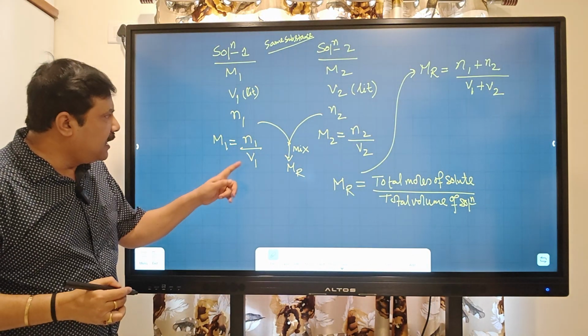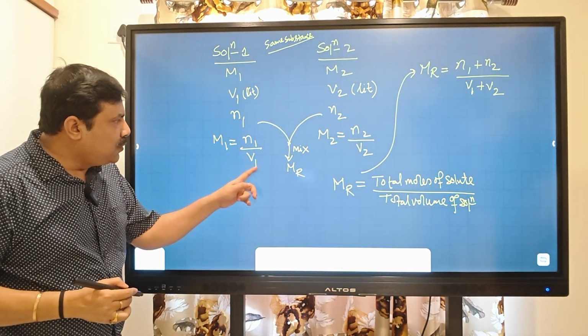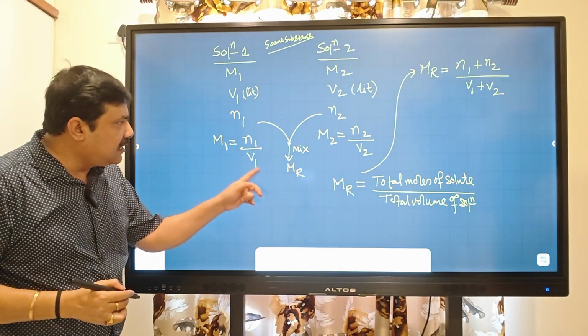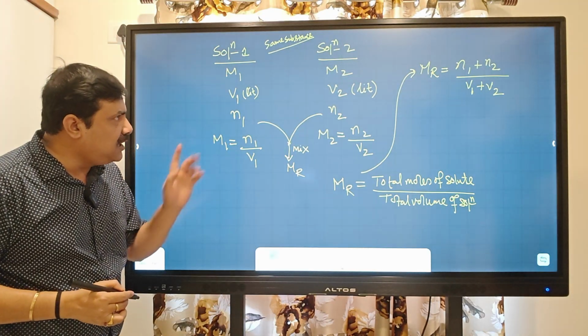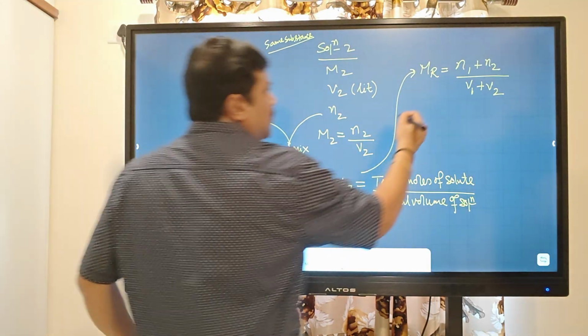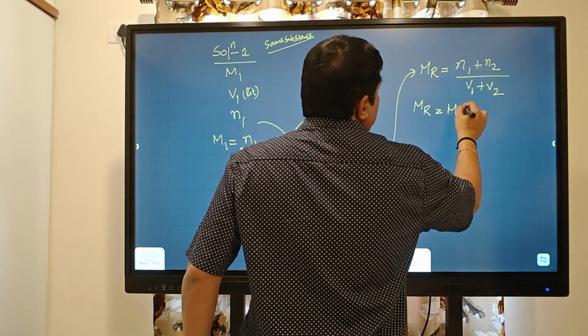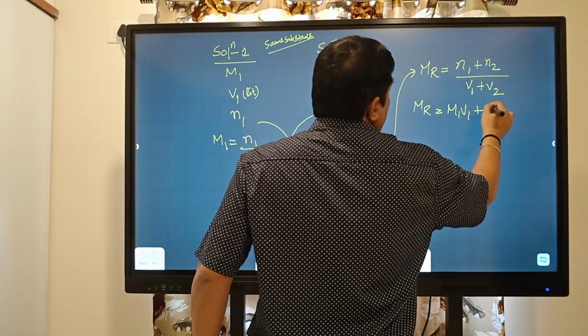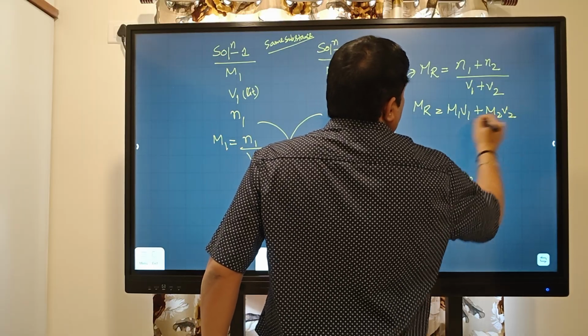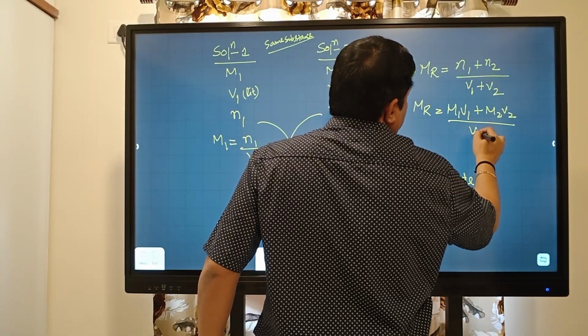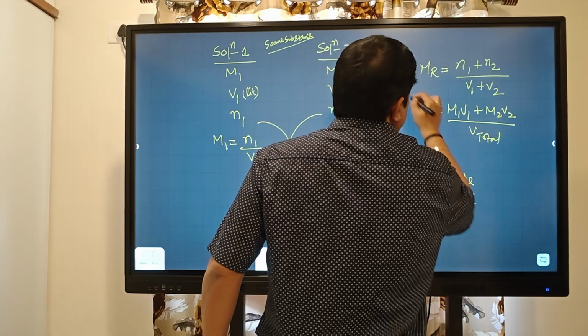Instead of N1, I can write M1 into V1, because they are related by cross multiplication. So MR equals M1 V1 plus, in the same way, N2 equals M2 V2, by V1 plus V2, the total volume.